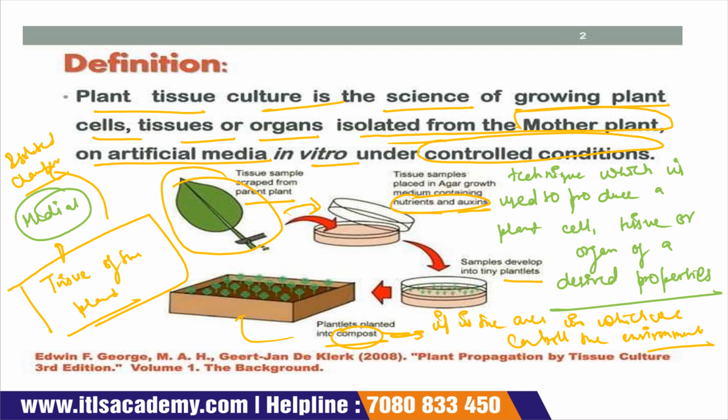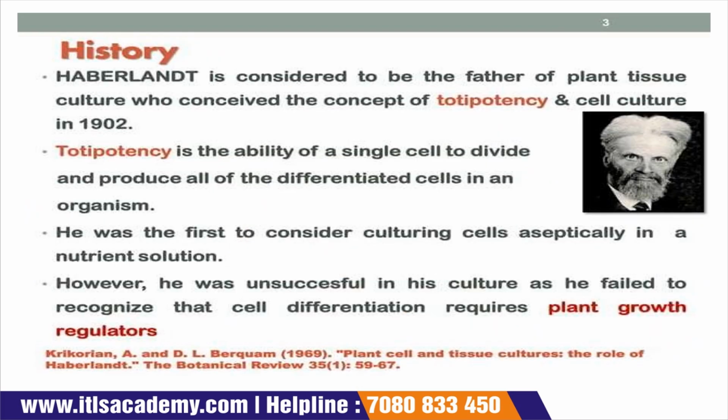Now come to the next slide. Now we are going to see just a brief history of plant tissue culture. First of all, everyone should know that everything has been discovered by somebody.